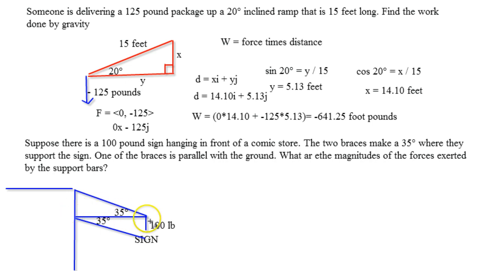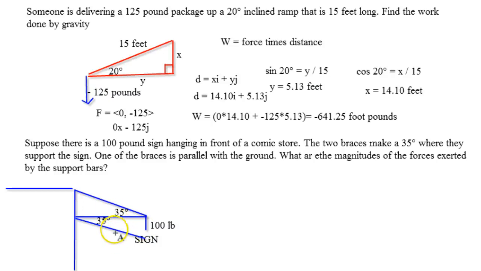So there's a horizontal force, and there is this angled force at 35 degrees. Now, obviously the vertical force is 100 pounds, so we already know that. It's like knowing the vertical component, and all you need is the resultant and the horizontal. But in this case, we're just wanting to know these two parts.